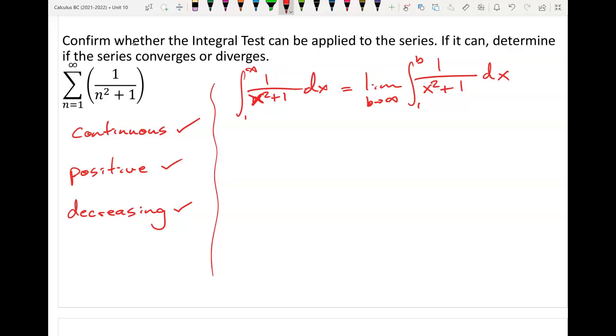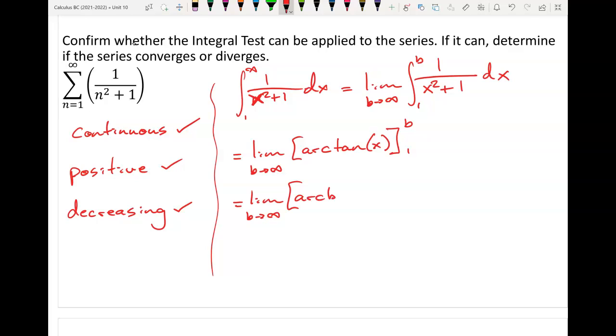Arctan, right? So that's just going to be the limit as b goes to infinity of arctangent of x from 1 to b. So the limit as b goes to infinity of arctan of b minus arctan of 1.